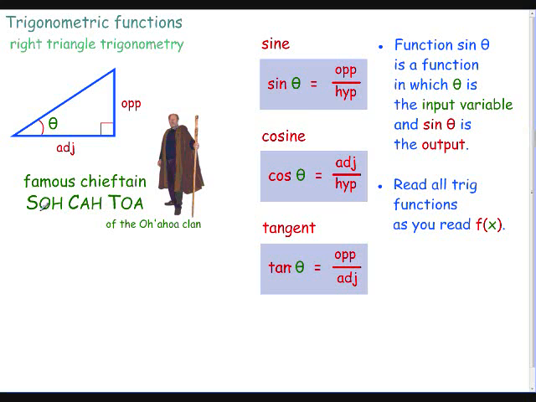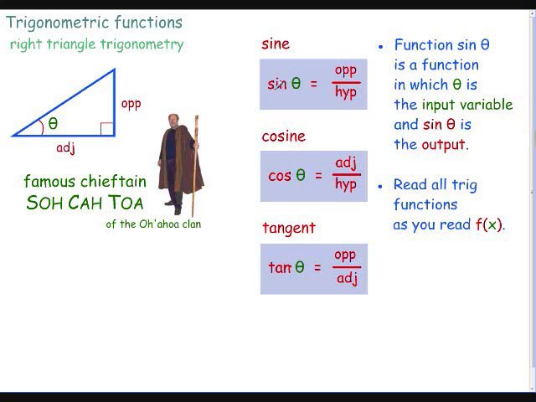Now, what are we trying to remember? Well, for sine, if we have any angle and we find its sine, that will be, in a right triangle, the opposite side, that length, divided by the hypotenuse.